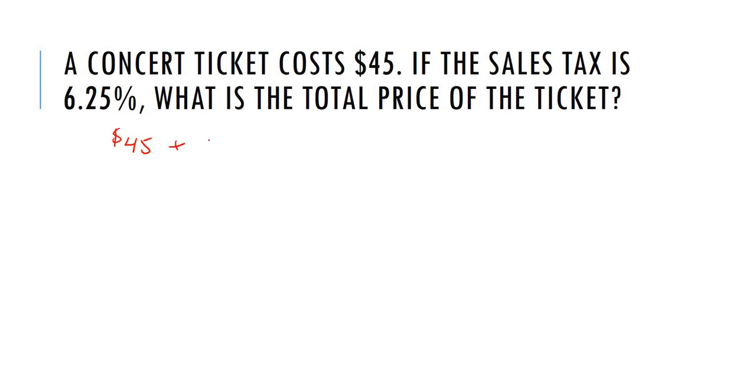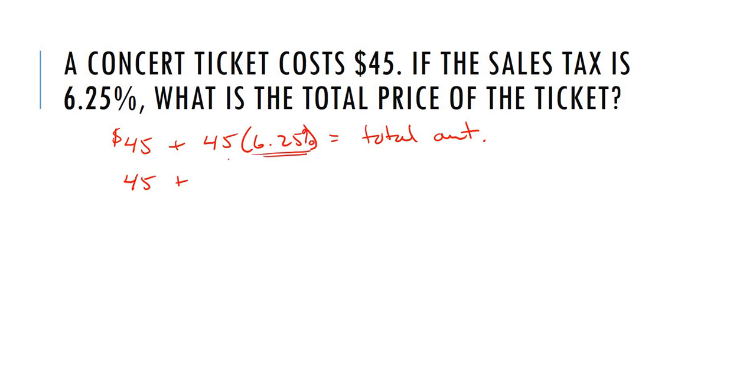And the sales tax is 45 times 6.25. And that's going to be the new, or the total price of the ticket after sales tax, right? Total amount. So 45 plus, this was a percent.